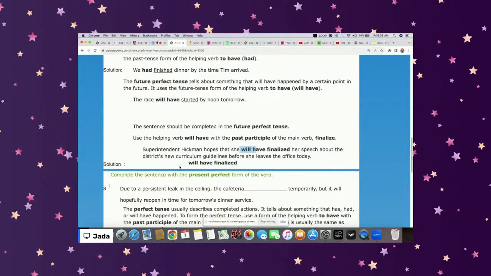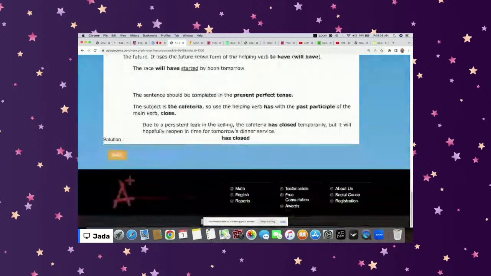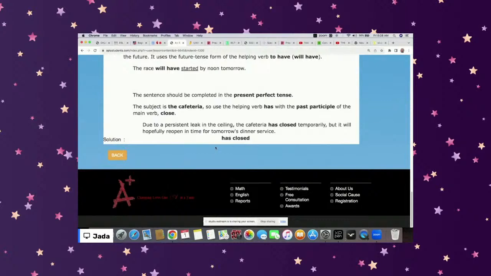Now, due to the persistent leak in the ceiling, the cafeteria dashed temporarily, but it will hopefully reopen in time for tomorrow's dinner service. It says present perfect. So what's going to be your answer? It has to be something with has or have.